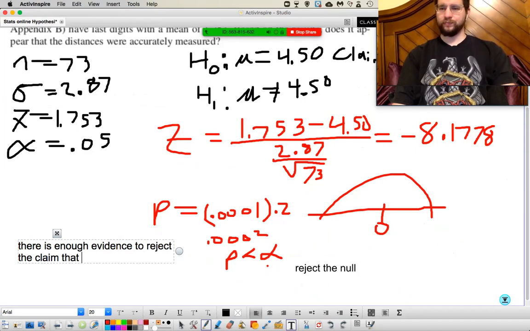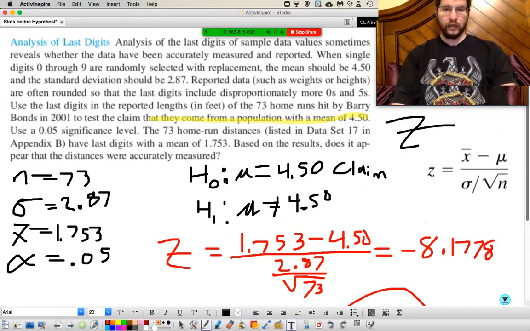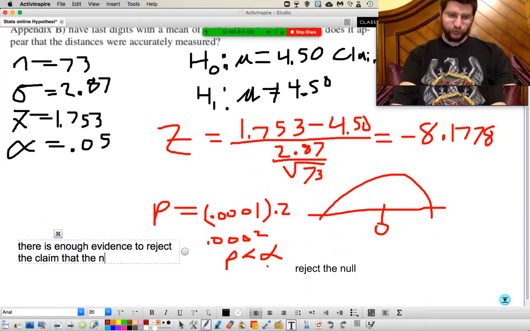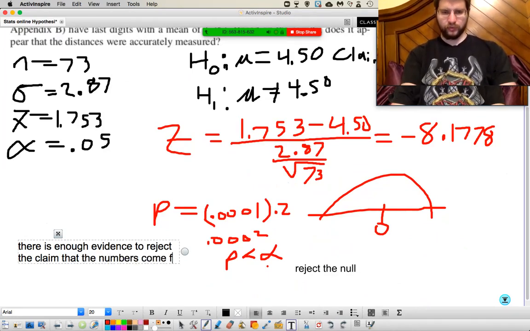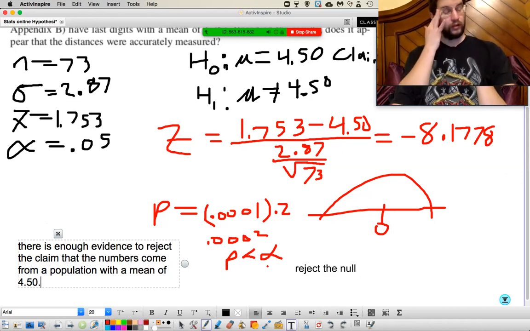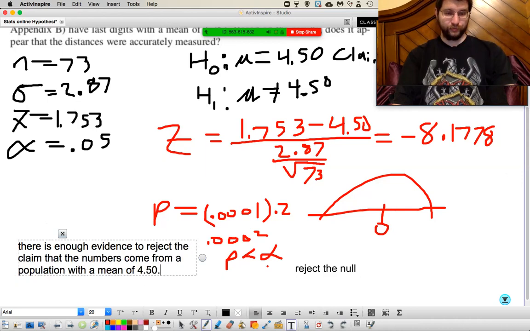And what was the claim? They come from a population with a mean of 4.50. I'll just take the numbers. Come from a population with a mean of 4.50. So yeah, we got that.